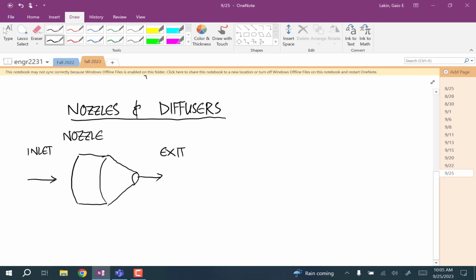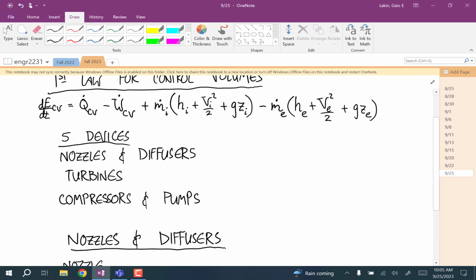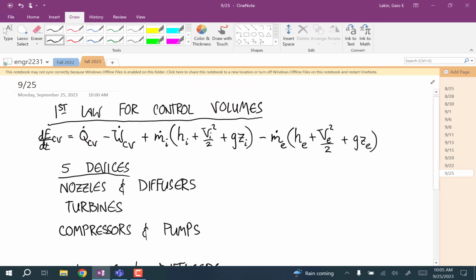At the inlet, you have high pressure and low speed. One thing to watch out for is we use capital V in a couple of ways.